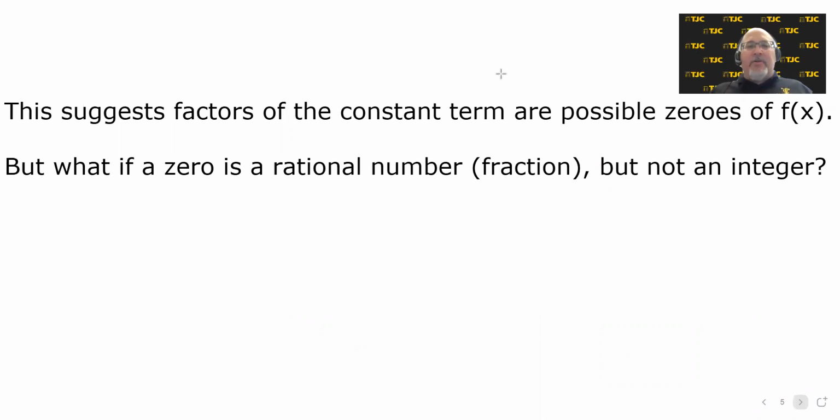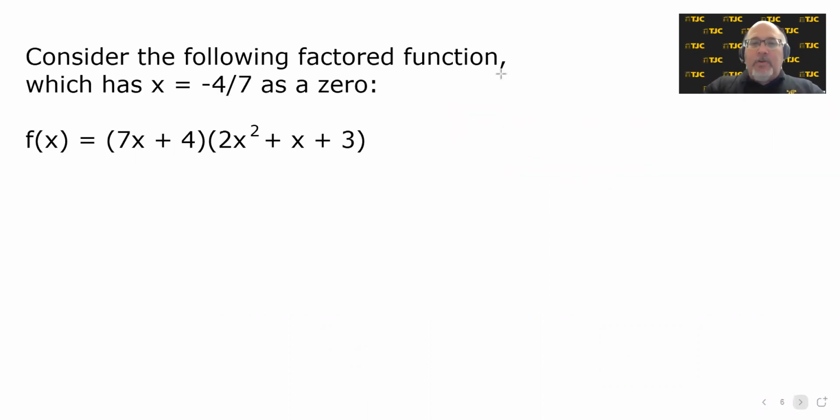But what if a 0 is a rational number, in other words, a fraction, but not an integer? Well, we're going to retrace that also. And we're going to do this one a little more easily because we already have a function that is factored and has x equals negative 4/7 as a 0.